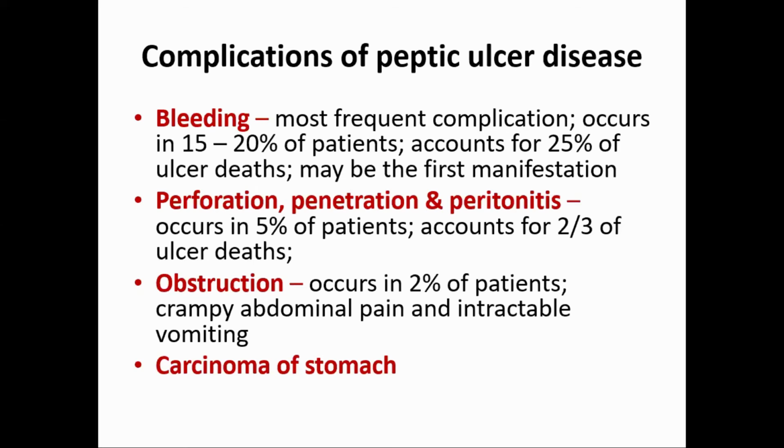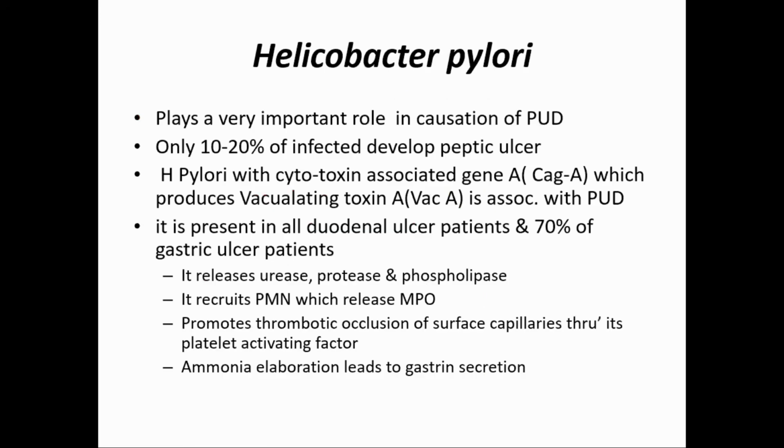Somebody may ask, what is the mechanism of H. pylori causing peptic ulcer? Now you know H. pylori is to be taught in microbiology. It is a gram-negative, curved bacteria. Earlier it was called Campylobacter, now it is called Helicobacter.